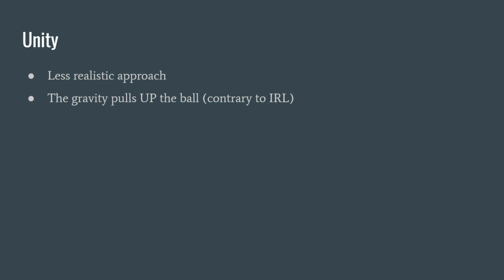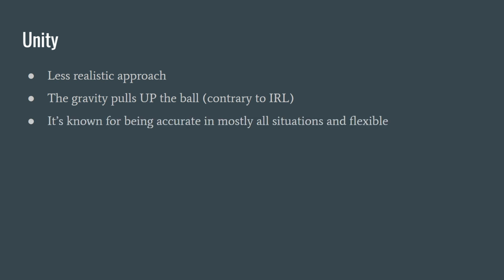Of course, always in any engine, by default, the gravity will pull down objects, but the thing is that actually gravity will add some force when there is a bounce. So that's what I meant over there, and of course this is contrary to real life. And on the other hand, Unity is known for being accurate in a lot of situations and also quite flexible, and in general is more polished, as I was mentioning.